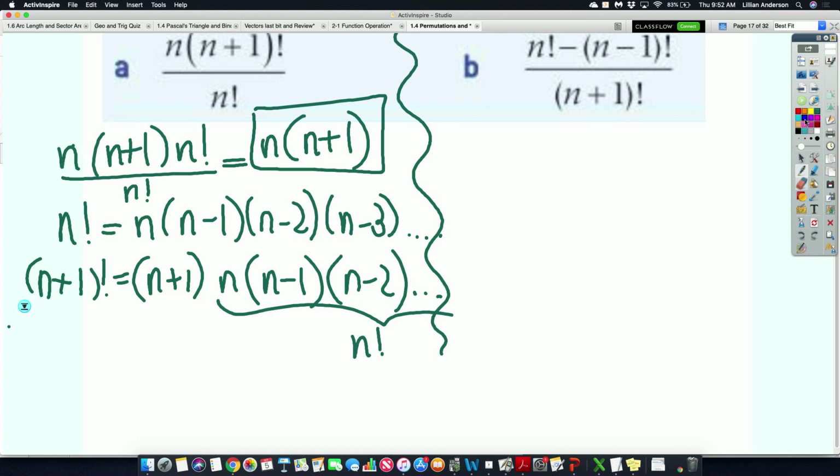What can I do here? The bottom we can turn into that. Can I use the shorthand method and say n factorial times n plus 1?